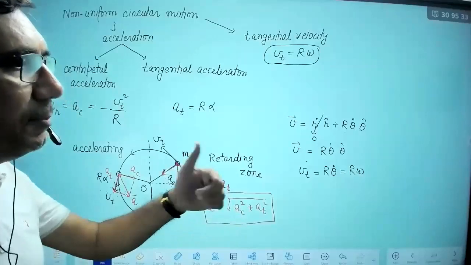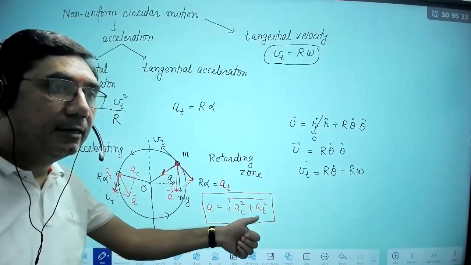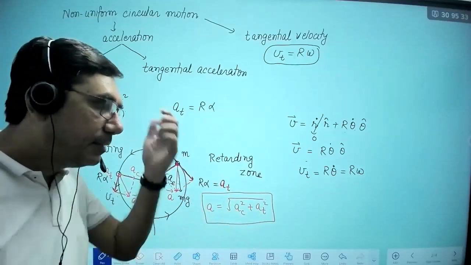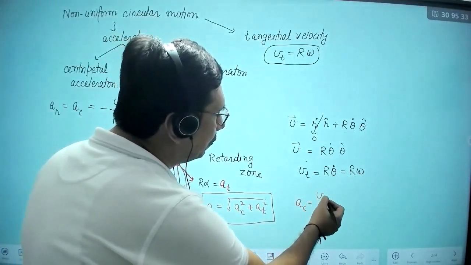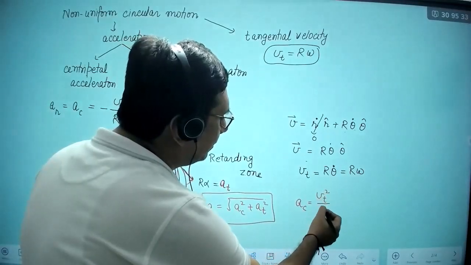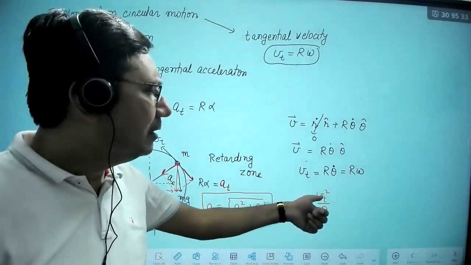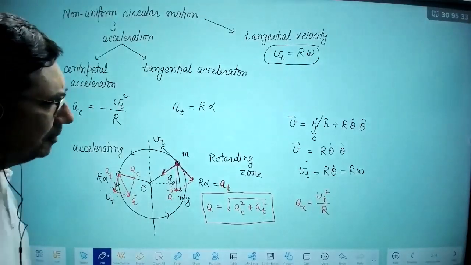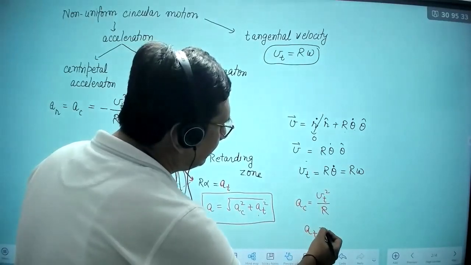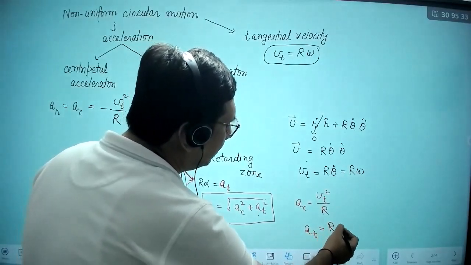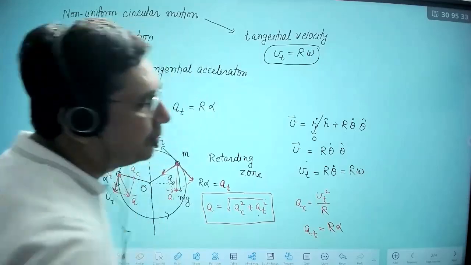What does AC depend on? AC is depending upon tangential velocity. This is tangential acceleration, try to understand, and this is centripetal acceleration. So centripetal acceleration depends upon the tangential velocity, its magnitude. Don't forget this, don't confuse with it. And AT depends upon R alpha, the angular acceleration.